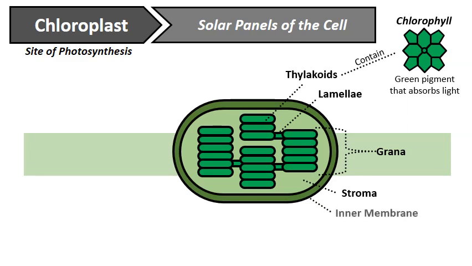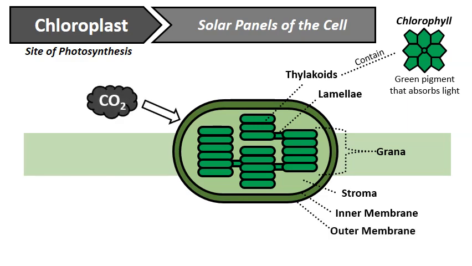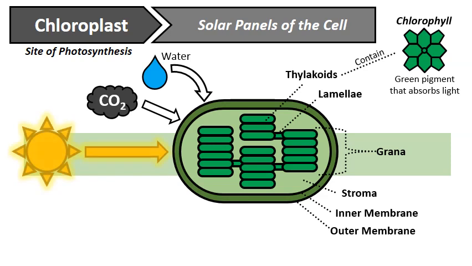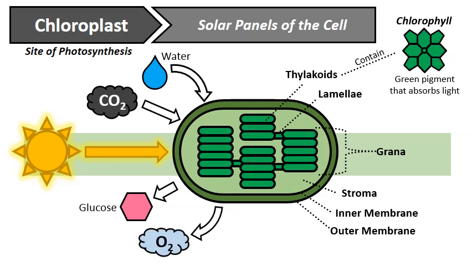And then all of this is held together by 2 different membranes, the inner membrane and the outer membrane. Alright, so this is the organelle that actually does the photosynthesis. So again, the inputs would be carbon dioxide and water with a little bit of sunlight, and this chloroplast is then going to kick out glucose for storage in food and oxygen, which it'll release out into the atmosphere.